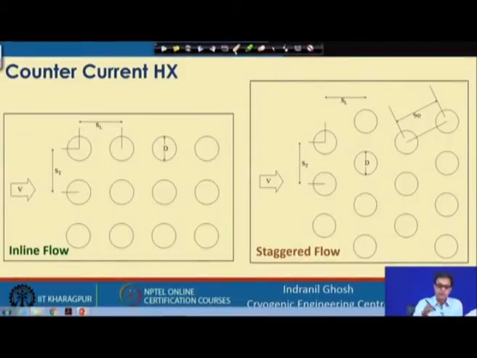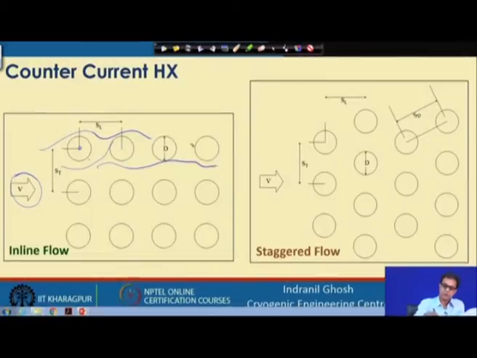In one flow configuration, the fluid is flowing over a bank of tubes. This is the cross-sectional view, and these are the fluid flow directions. This is the internal flow through which fluid is flowing, and this is the external flow over the tube banks.